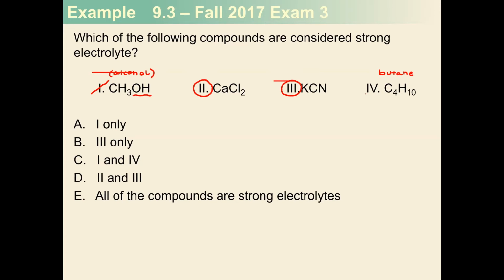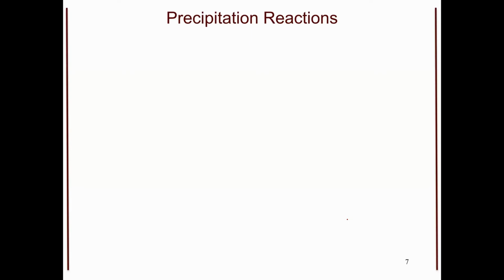So therefore, answer 4 would not be a correct answer as well. As we look at our answer choices here, that means that our correct answer is going to be answer D. When you're looking for electrolytes, you need to first identify the compound and then figure out what category it is going to be in. So now let us go and look at the precipitation reaction and the solubility rules.